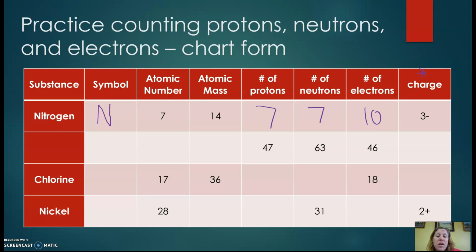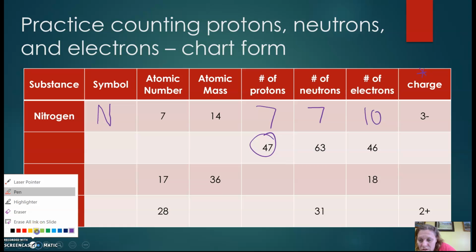So this one I left the substance and symbol blank. How do you know what the substance is? You look at protons. So 47 is silver. You can't really see that on top of there. Just do that.